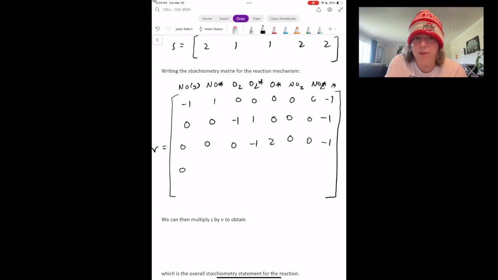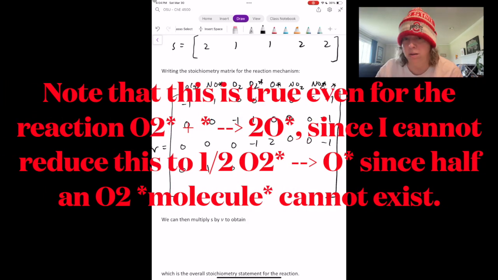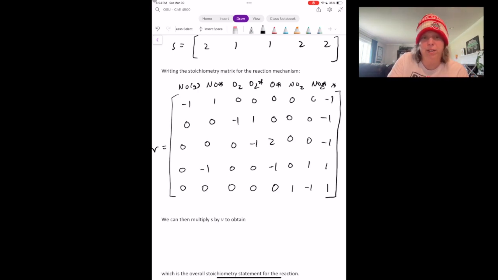So I don't need to do any scaling here. All right, so that's my stoichiometry matrix.